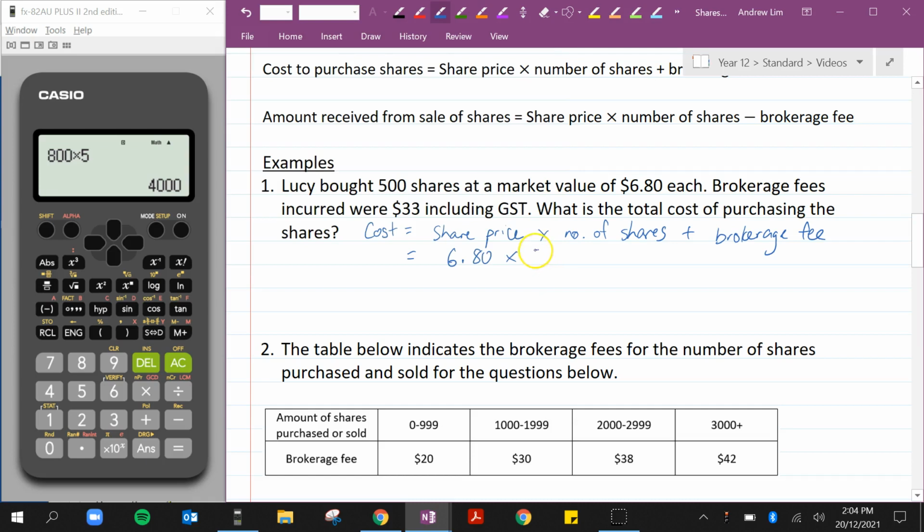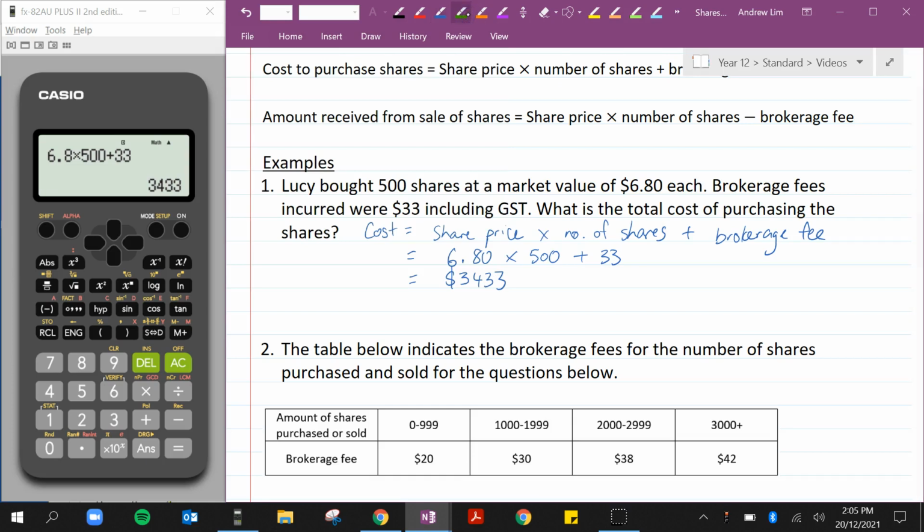She bought 500 of them. But she also has to pay a brokerage fee of $33. Okay, we put it in our calculator. We get $3,433.